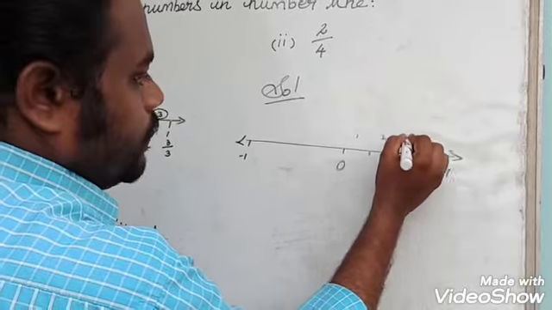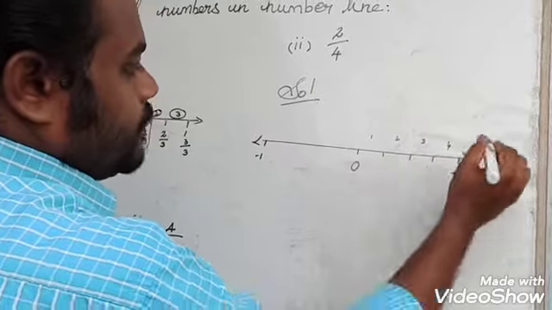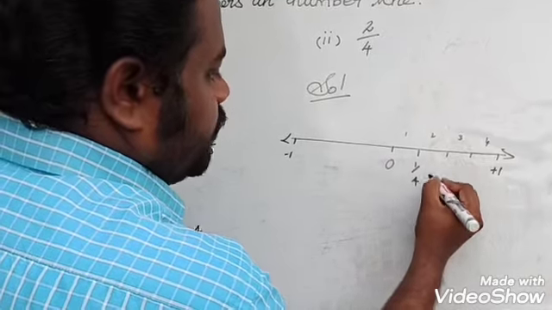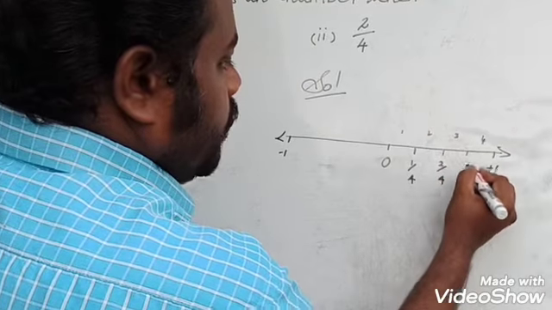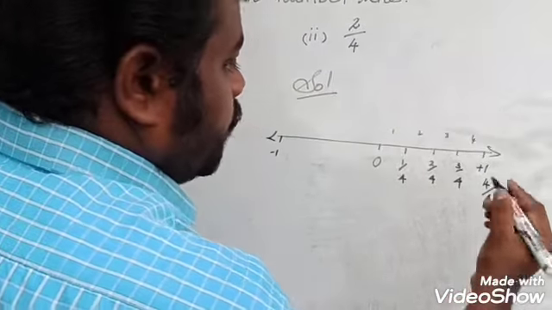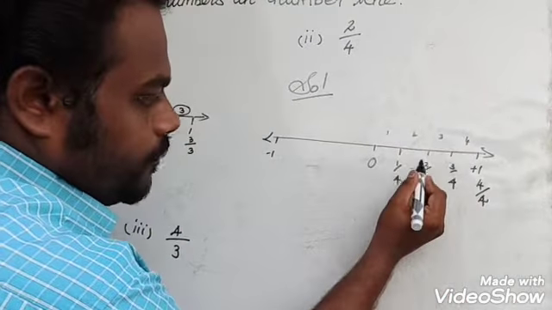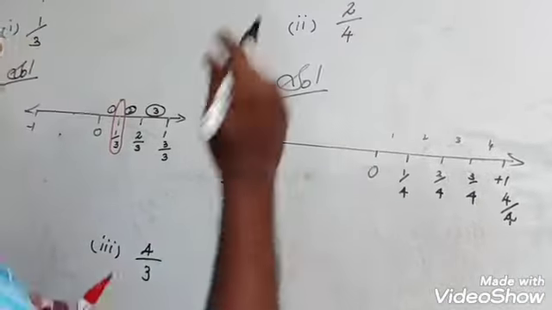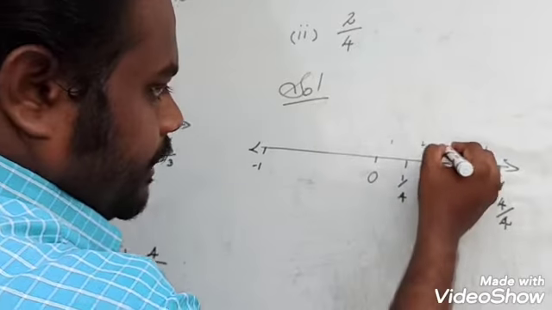I have to split into 4 equal parts. So first one is written as 1 by 4, 2 by 4, 3 by 4, this should be 4 by 4. 1 by 4, 2 by 4, 3 by 4, 4 by 4. 4 by 4 means 1.